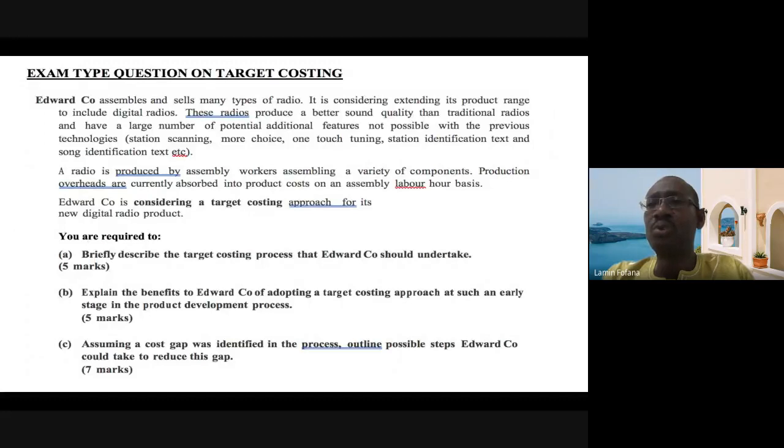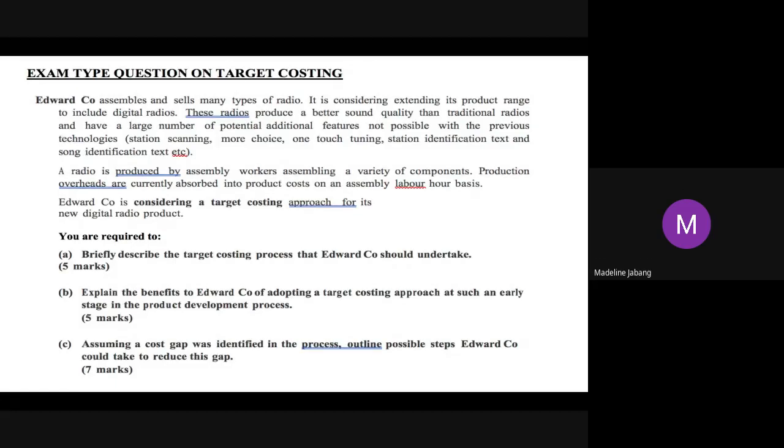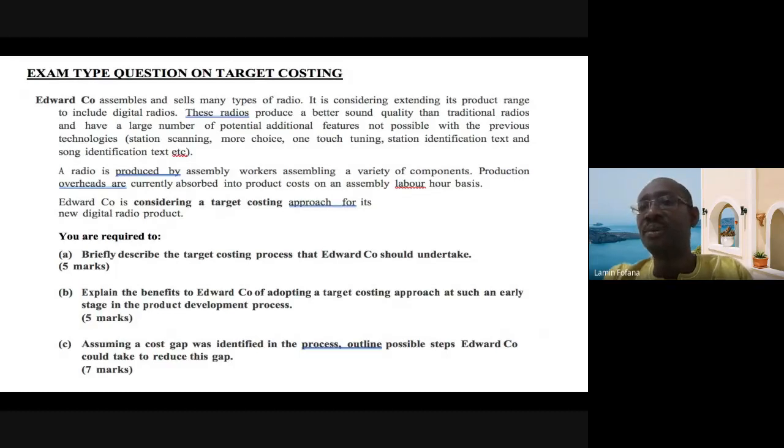Madeline, what was the benefit of target costing for that restaurant? What do you think can be the benefit of target costing for the restaurant? Yes, Madeline. The benefits would be it will increase profitability. Excellent. Why will it increase profitability?